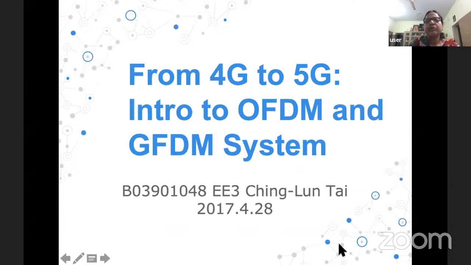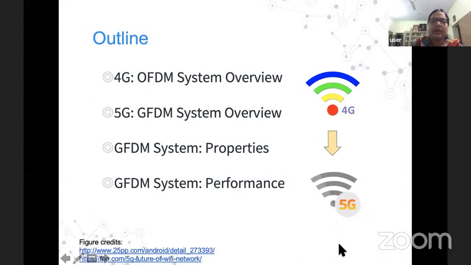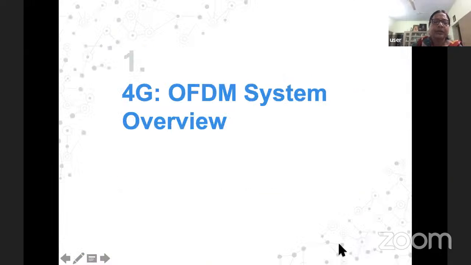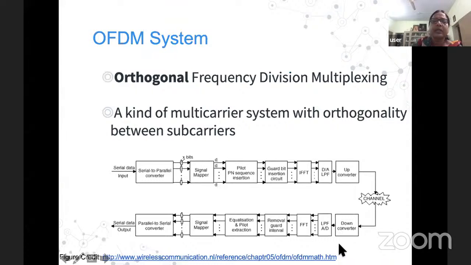So why are we moving from 4G to 5G, right? From OFDM and GFDM and other systems. Actually, my PPT is located somewhere, but I have taken some other PPT, no issue. This OFDM and GFDM, and what we have done in our laboratory, I can also show you. We built a test bed for GFDM and we were able to publish a good number of papers on the GFDM system. Just now we have seen OFDM, orthogonal frequency division multiplexing.